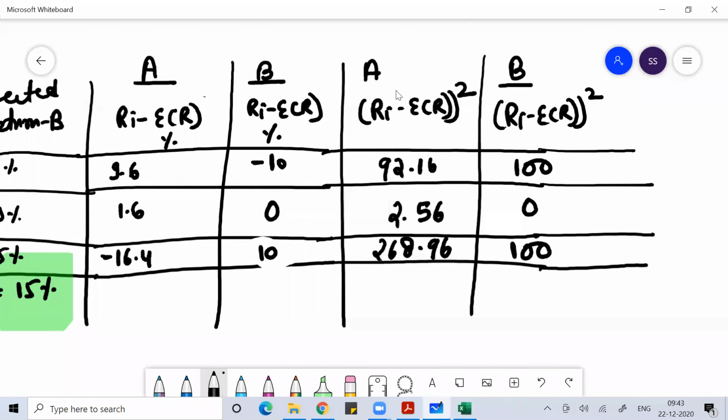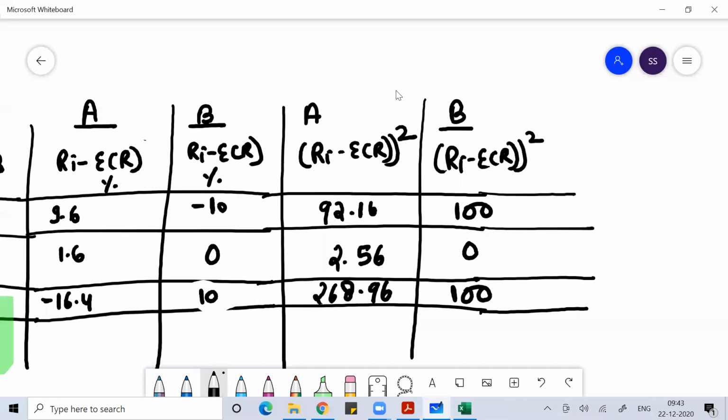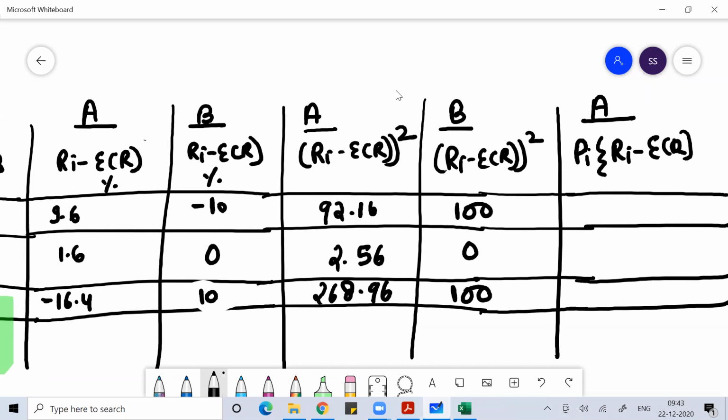Okay, so we did the square. Now multiply with probability. Let me know anywhere, Harish, Sanjita, Chaitanya, Suraj, anywhere you feel any mistake, any calculation mistake. So multiply for A, Pi into Ri minus ER whole square.